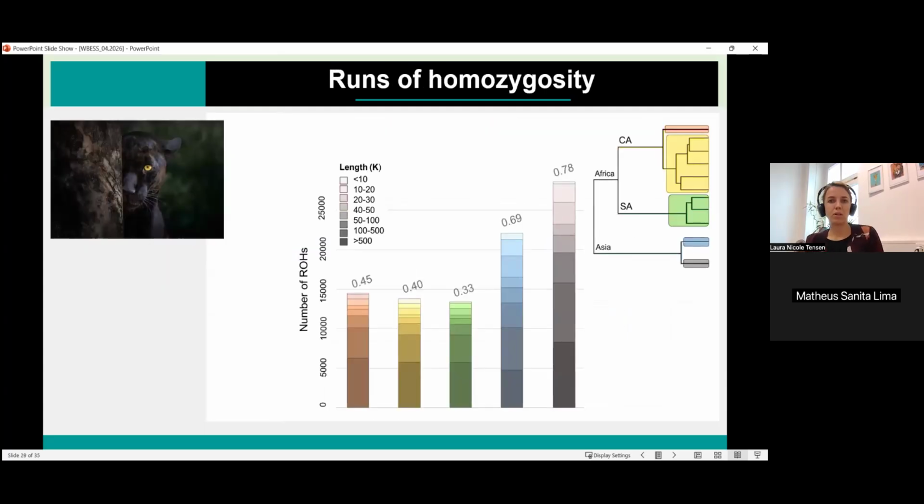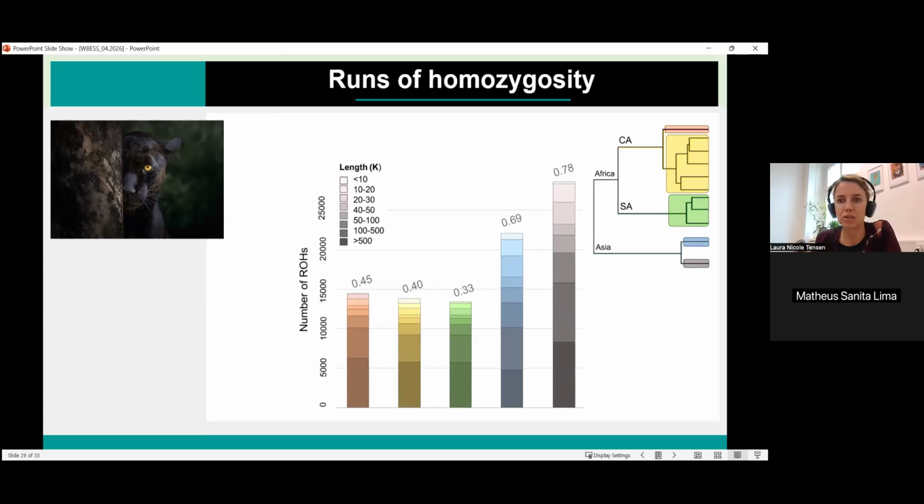So this is where we looked at runs of homozygosity in more detail for our different individuals. What first of all really stands out is that Asiatic leopards have much longer runs of homozygosity. We know that some of these leopards have also undergone severe population bottlenecks in Asia, but particularly this black leopard has been bred in captivity for many generations to keep the black leopard phenotype alive and going in captivity.